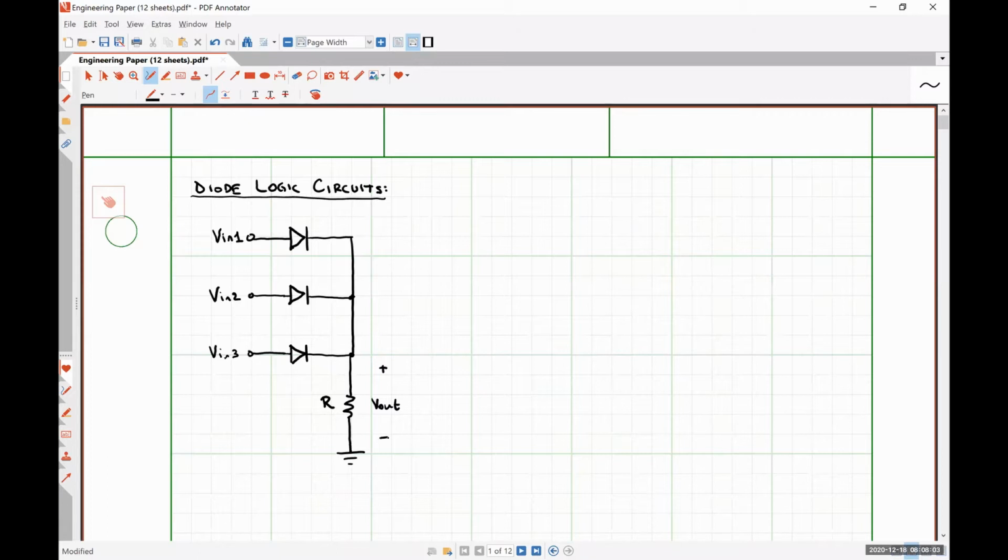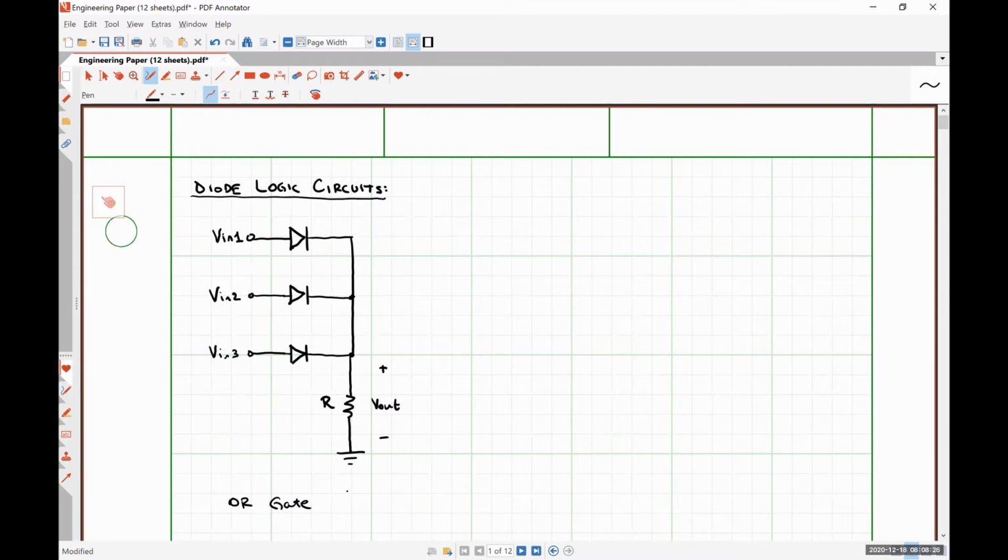This is the first circuit that we're going to look at. We could have more or less inputs if we wanted to do so. So this is an example of an OR gate, okay? This is a diode-based OR gate. So let's talk about why it behaves that way, all right?